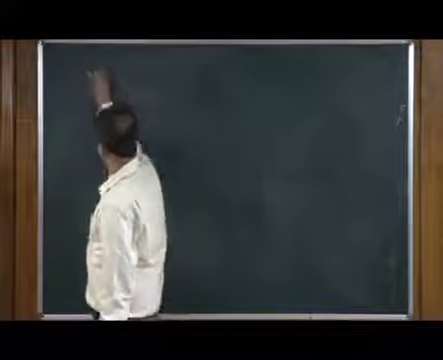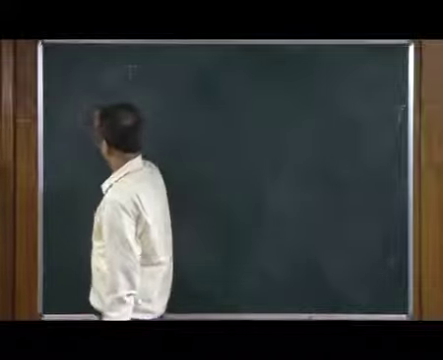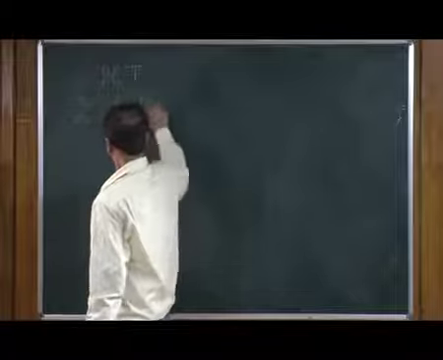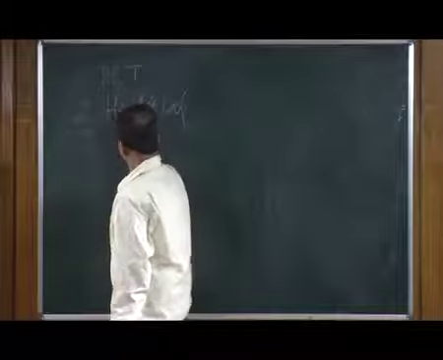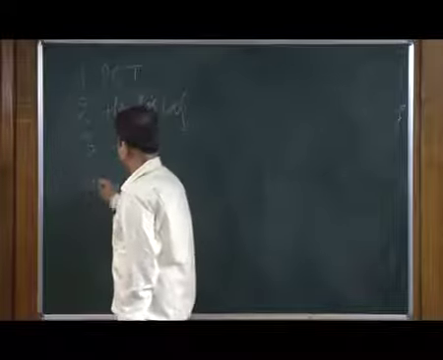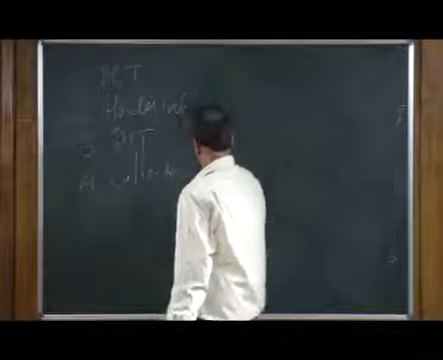Now, if we start with the proximal convoluted tubules, the second part is Henle's loop, third is distal convoluted tubules, and the fourth is collecting duct.